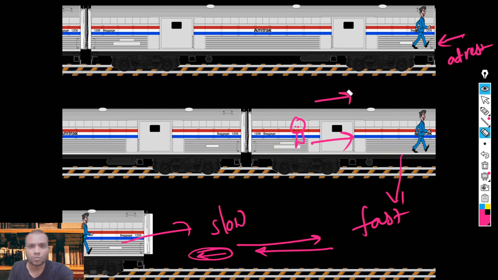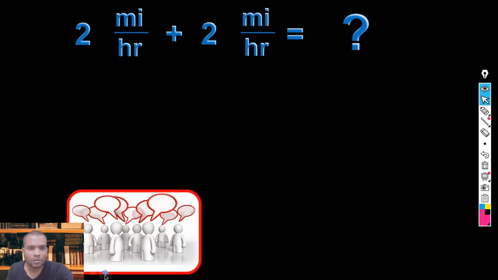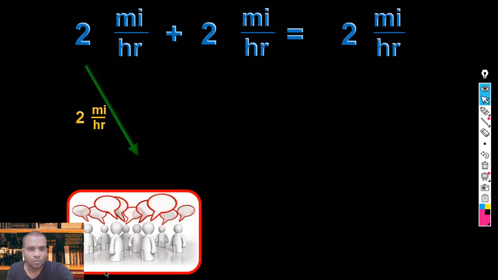Let's try to observe one more time. So this is the realistic case, since velocity is a vector. So we need to consider the directions too. So if you move with 2 miles per hour in one direction and maybe some wind is acting on you in another direction, let us take that as wind.